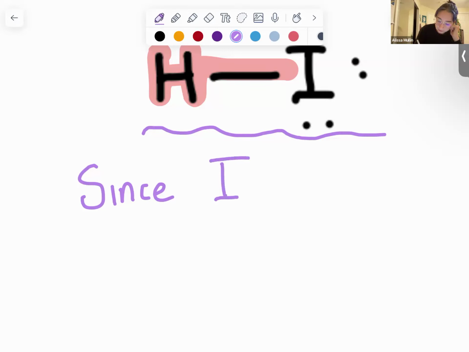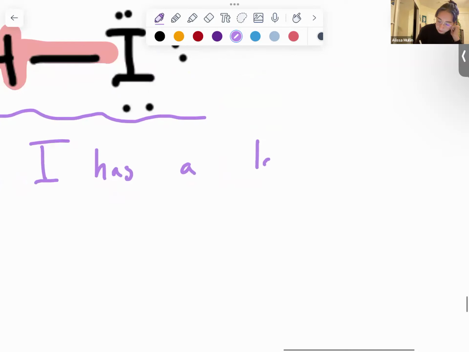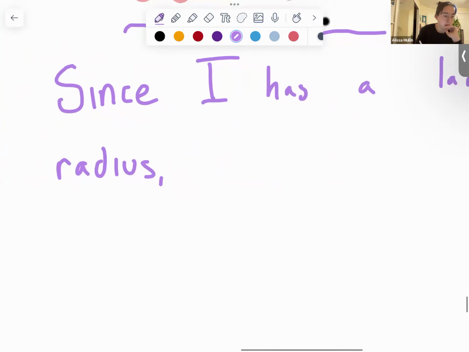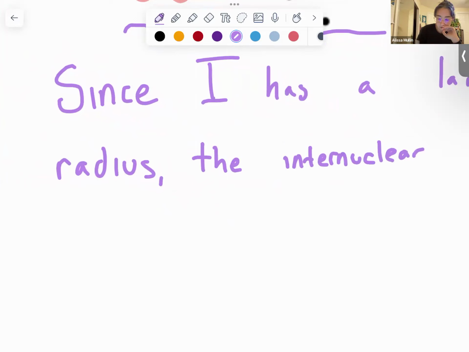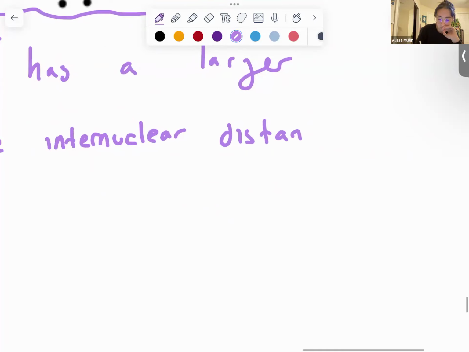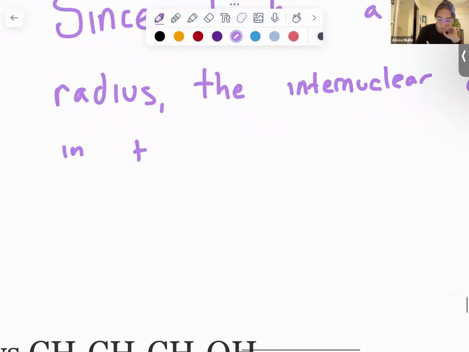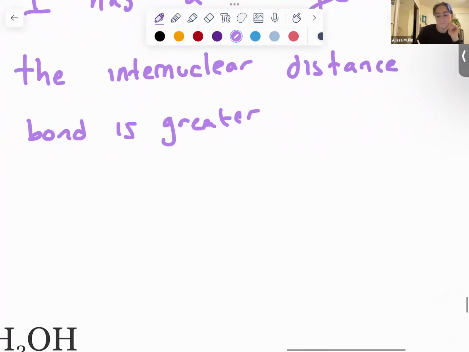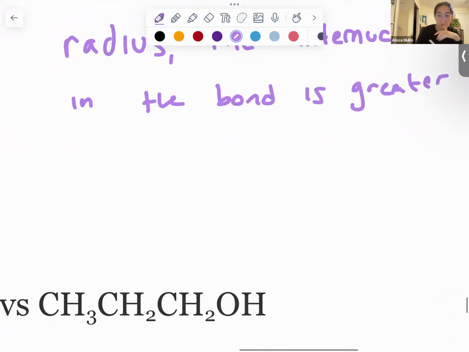Since iodine has a larger radius, things are more far apart, and we're really stretching that bond, right?